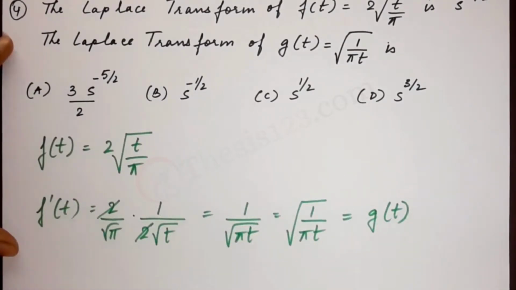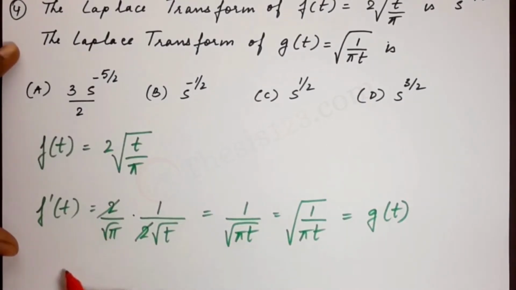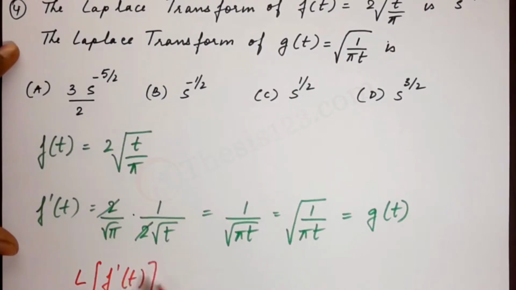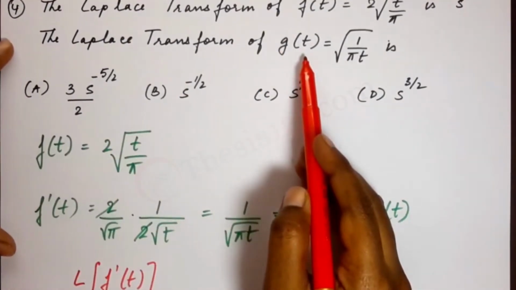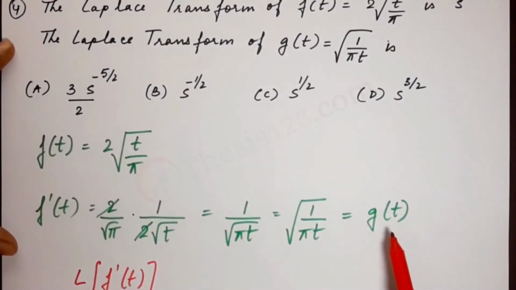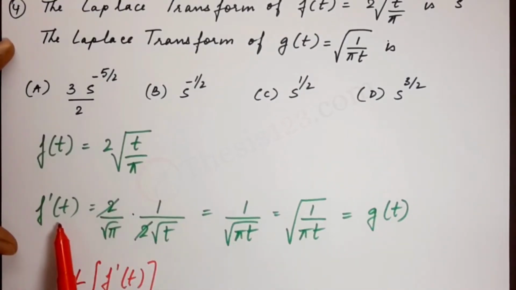Now we can use a Laplace formula. We are supposed to find out the Laplace transform of g of t, right? So the Laplace transform of g of t is the Laplace transform of f dash of t.